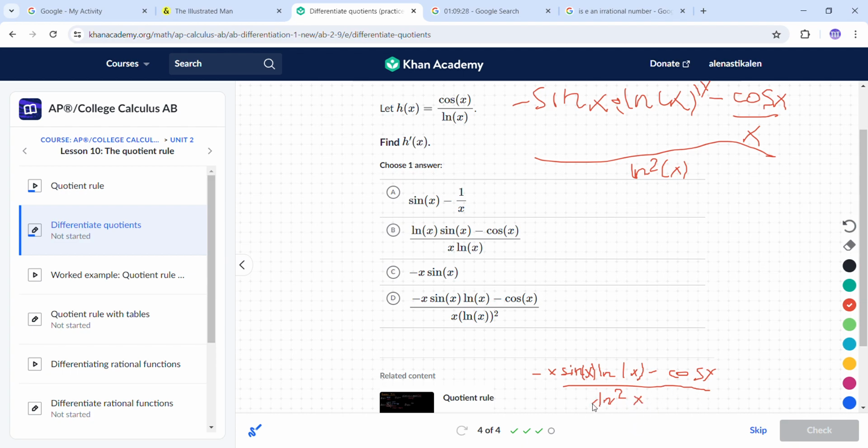Whoa, wait. That's an x, right? And we also have this, which we just have to multiply by the x here. Yeah, I almost forgot that again. So can you simplify this? No, you cannot, because this is just a standalone cosine of x and there's nothing multiplied to it.